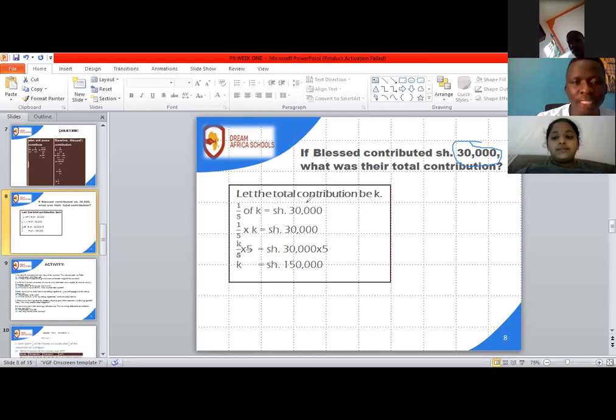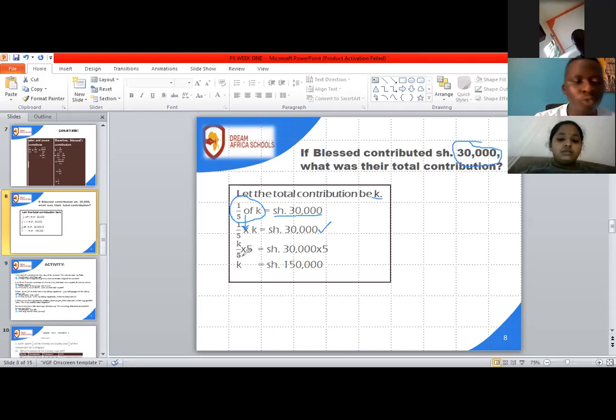The working shown here says, let the total contribution be K, and we get the fraction of Blessed of the total contribution K, which finally gives us 30,000. You get it? And here we shall have 1 out of 5 times K, because "of" is replaced with the multiplication symbol. So we shall have 1 out of 5 of K, which is equal to 30,000 shillings.